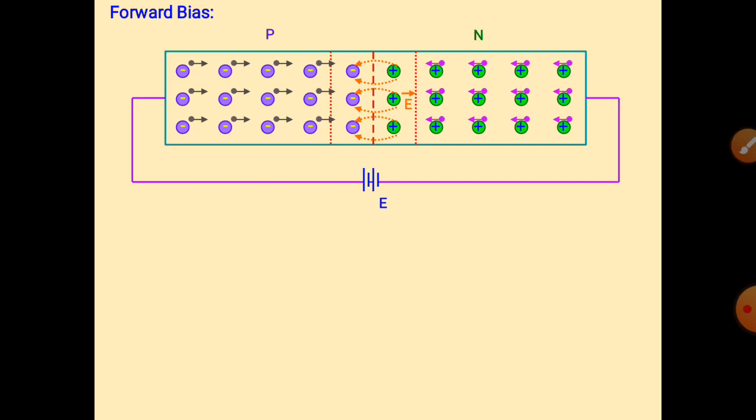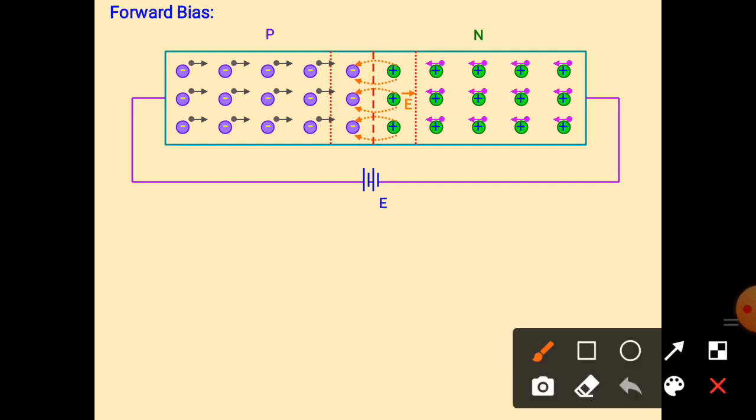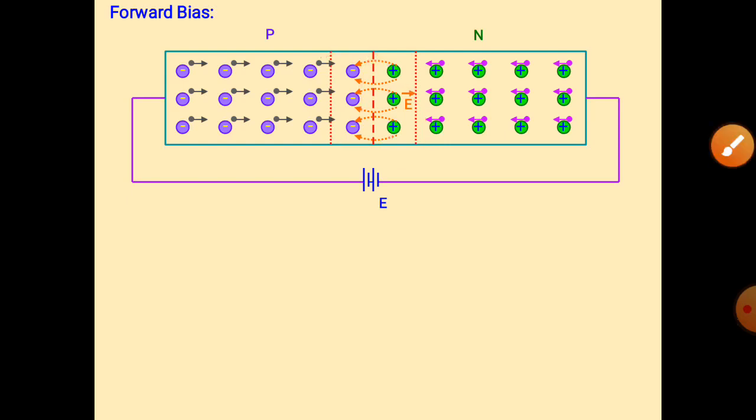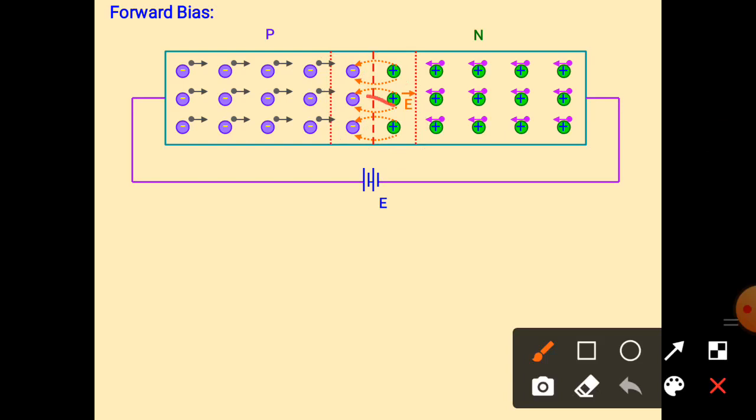Now exactly what happens here? We have one depletion region near the junction, right? The electric field inside that depletion region is always from positive to negative.